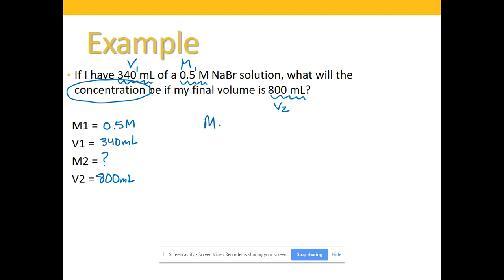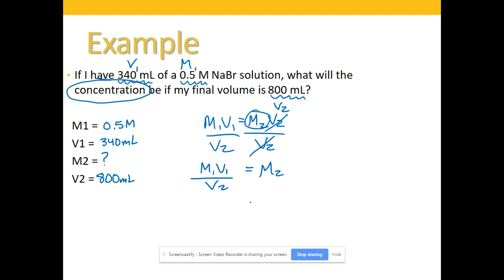I'm going to start with our equation, M1 V1 equals M2 V2. We're solving for M2, so we're going to get rid of V2 to isolate our variable. M2 is going to equal M1 times V1 divided by V2. We plug our values in.